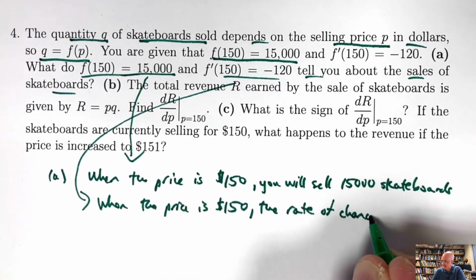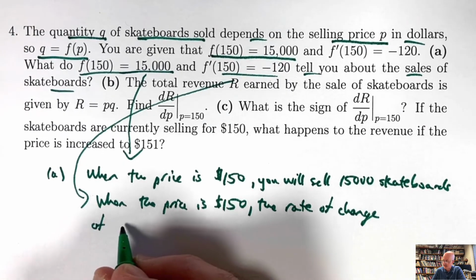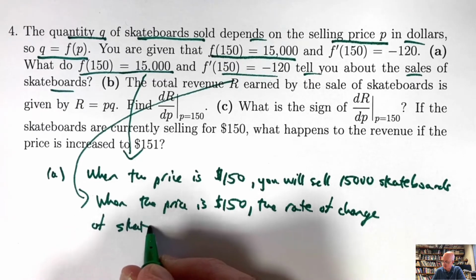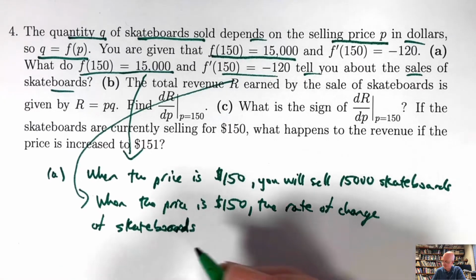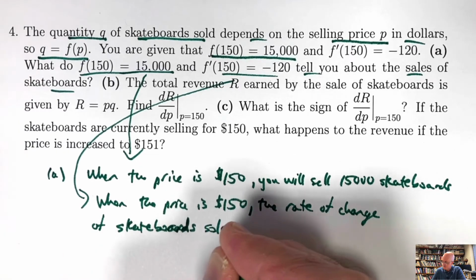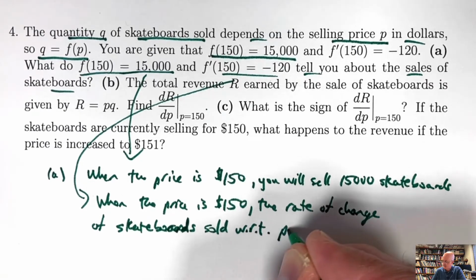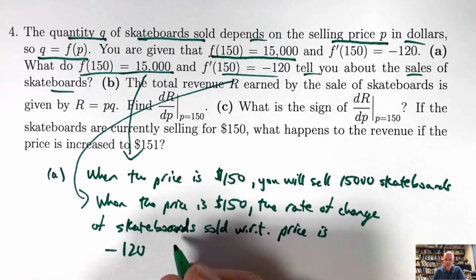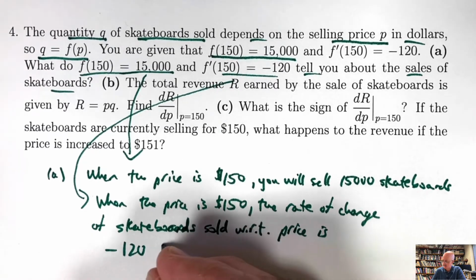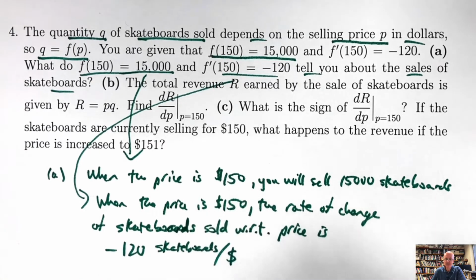You could even say instantaneous rate of change of Q with respect to P, skateboards sold with respect to price, is negative 120 skateboards per dollar. Skateboards per dollar. That's telling you the rate of change.